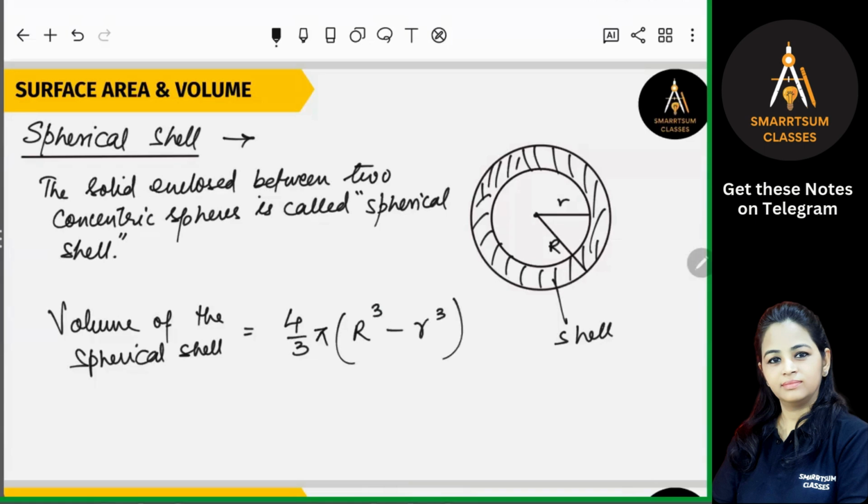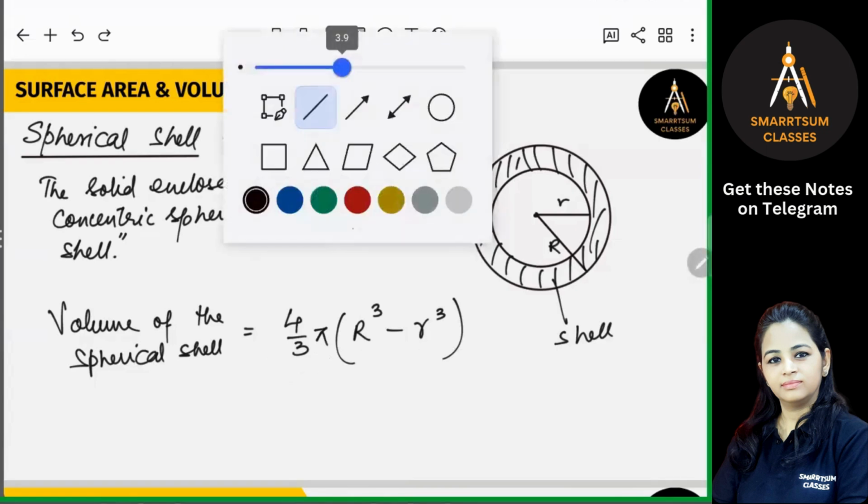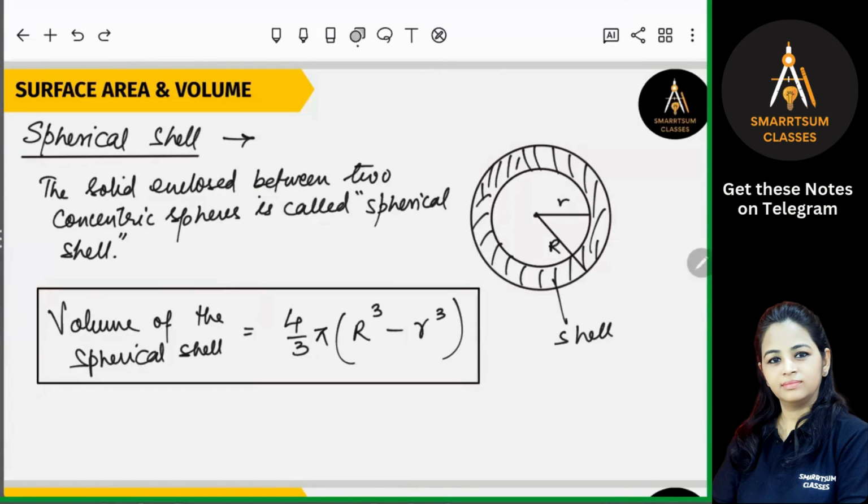So what we have done here is subtract the volume of the inner sphere from the volume of the outer sphere, having different radii, small r and capital R. If we take 4 by 3 pi outside, which is common, you will get R cube minus r cube within the bracket. In this way, we can find the volume of the spherical shell enclosed by two spheres of different radii. Please note down. And this is always in cubic units, since it is a volume.